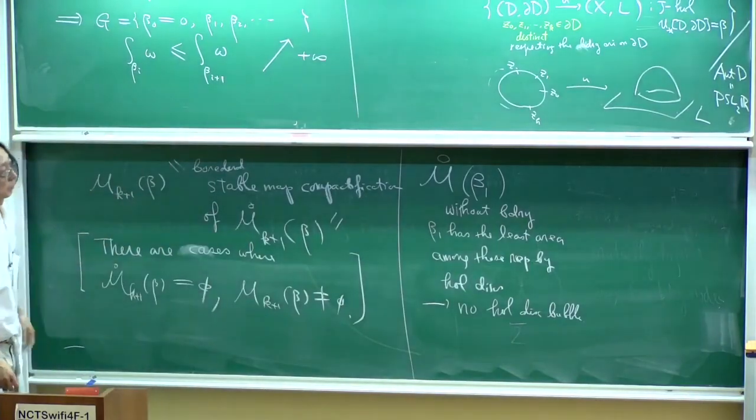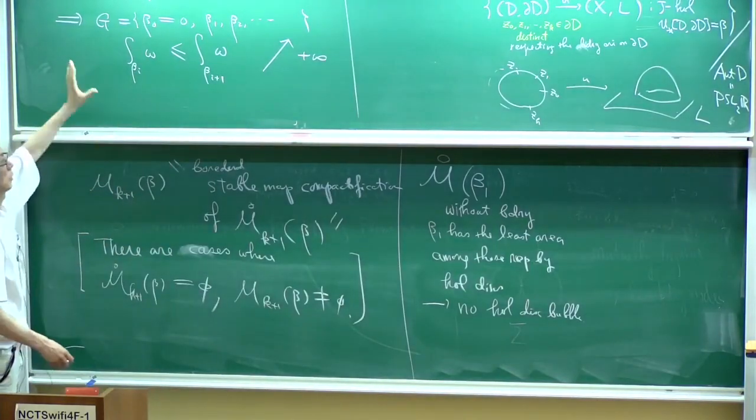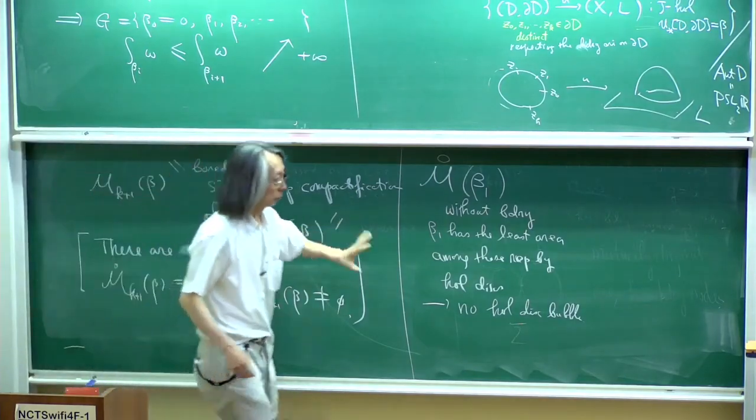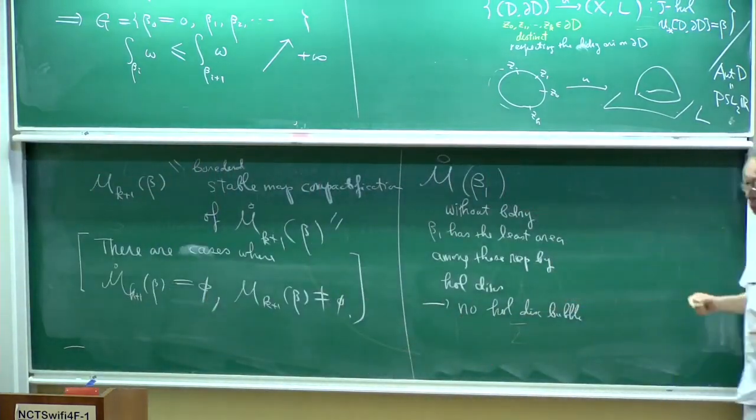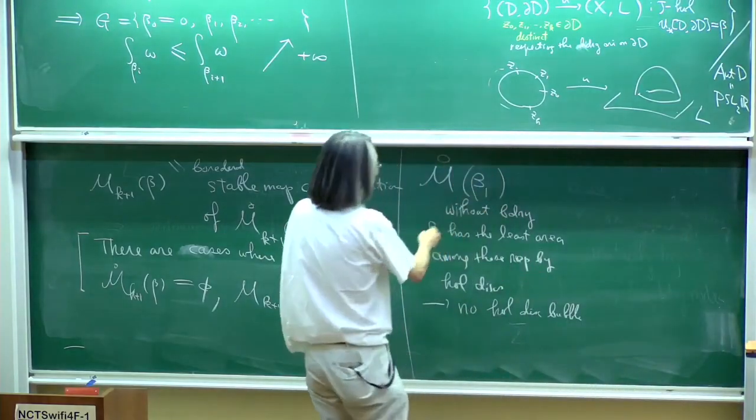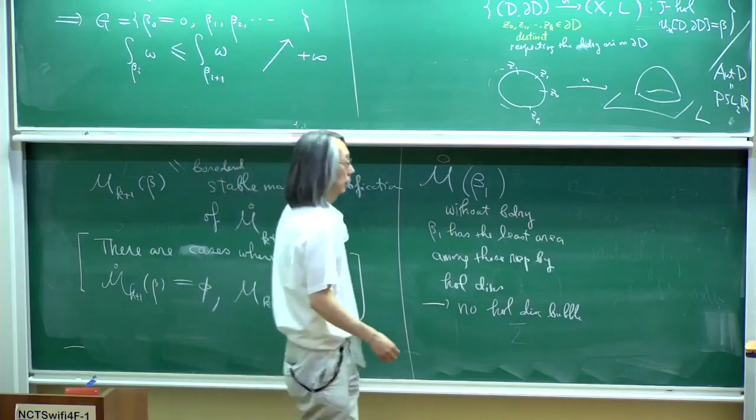Certainly, if you care about the spheres, then you can also include the sphere class. But as I said, if you consider the boundary of the moduli space, then actually sphere is not really a matter. So first you consider this. This one has no bubbling phenomena, so it's a compact space. So therefore, this one gives you a nice space.